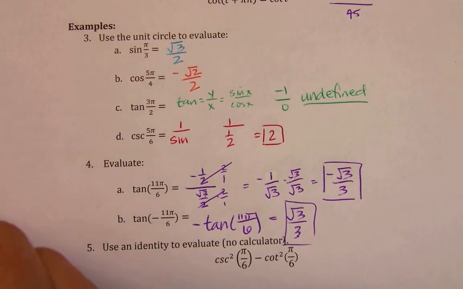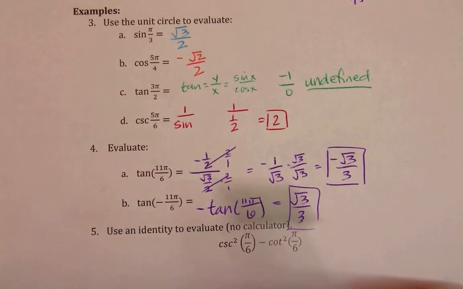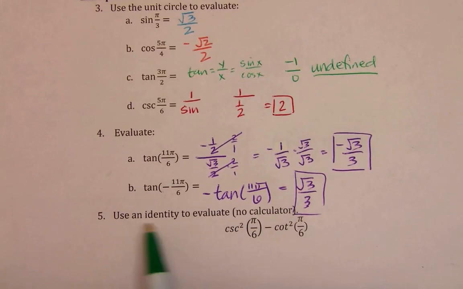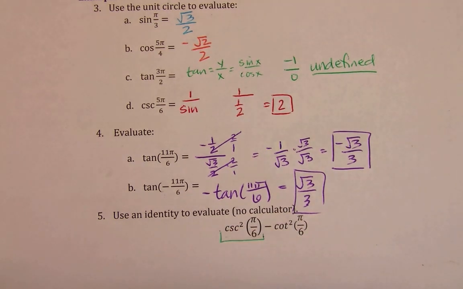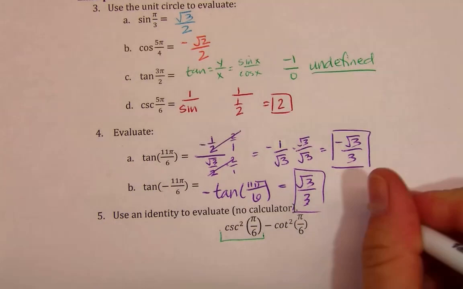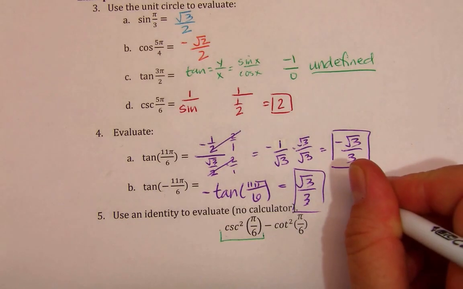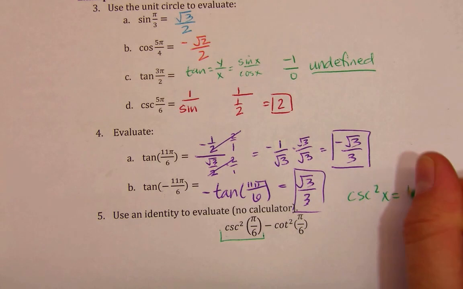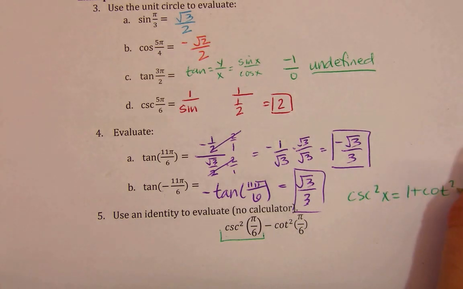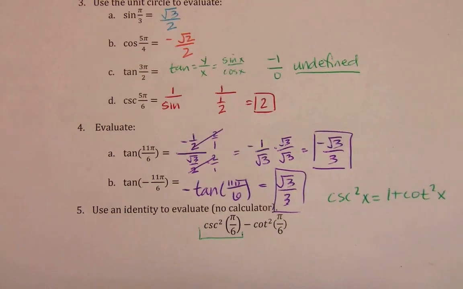Okay. Now this next example is a little bit different. It's saying to use an identity to evaluate. We're not using a calculator. Well, we know that this cosecant squared x is going to be equal to, or I'll just write the identity over here, we know that that's true from the Pythagorean identities we looked at.